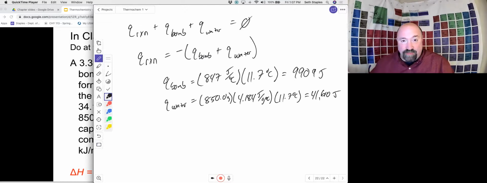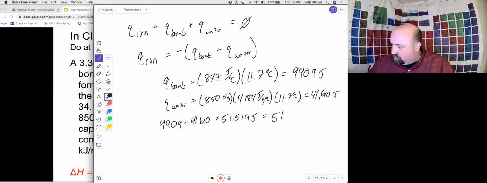So we just add those up, and that's the overall heat given off by this reaction. Then we're just going to convert that over to kilojoules. So again, that was 51.5 kilojoules.